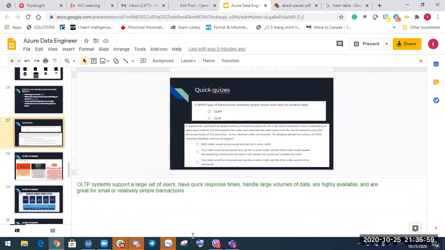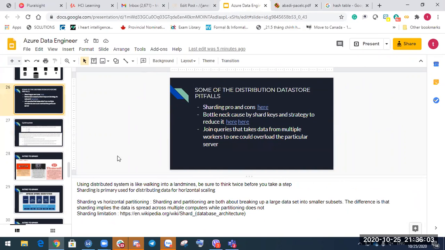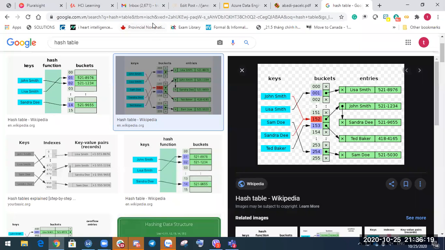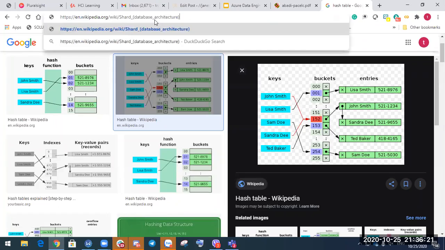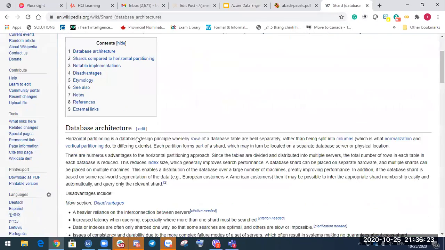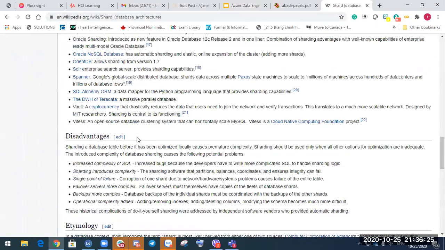So you go here. Okay, so I'll pull the sharding best practice from here instead, because I think I messed up a little bit with my article on there.